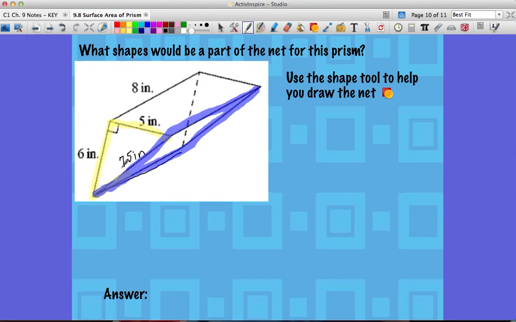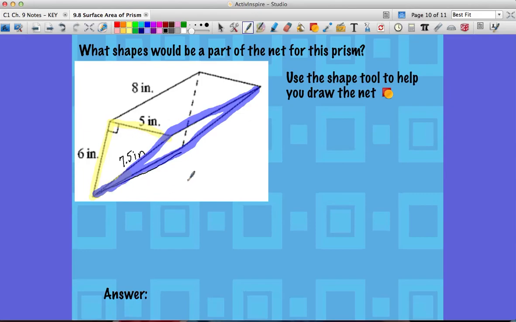Okay, so you have 7.5 inches. This is still 8 inches. Okay, so your rectangles are actually going to be, a couple of them are going to be different sizes. Okay, so this is the case where you don't have matching parts because it's a triangle and it has 3 different sizes. It's a scalene triangle, so all the sides are 3 different sizes.